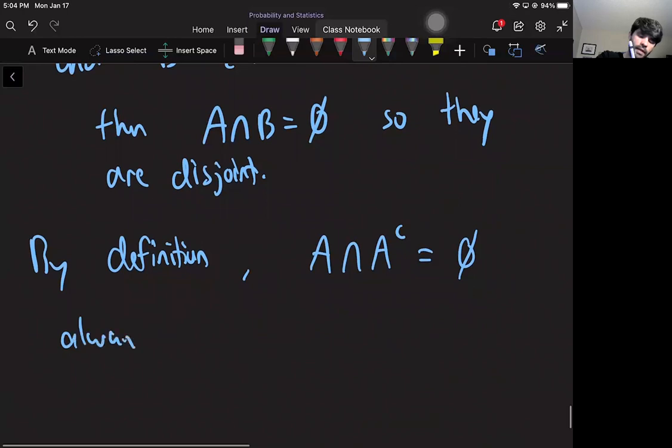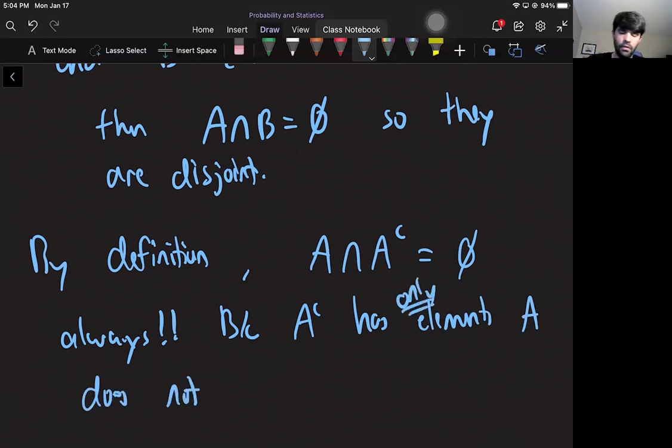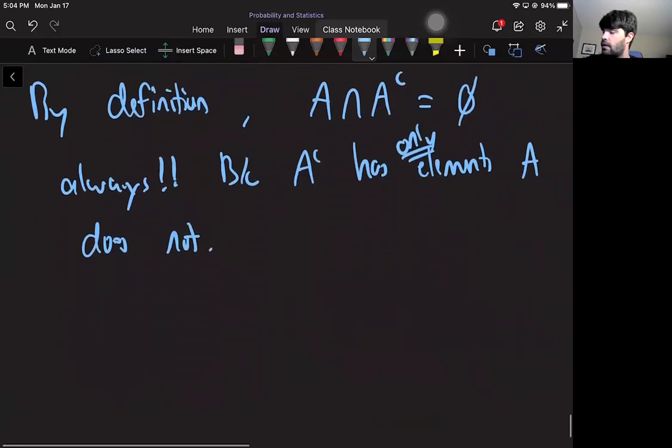So it doesn't matter what example you're working in, it's always going to be the empty set. It's just because A complement has only elements that A does not. So they have nothing in common.